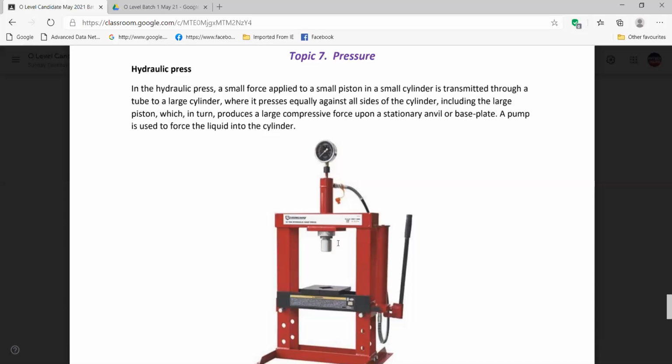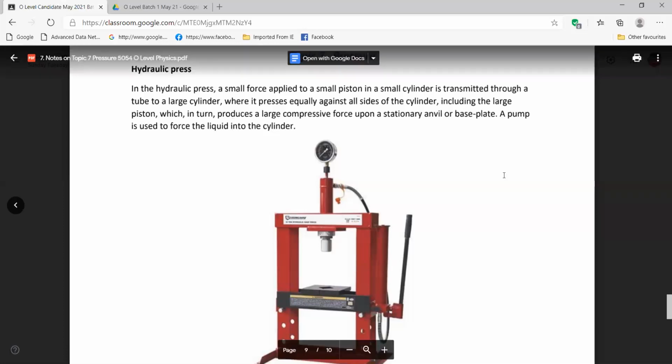This way this hydraulic press is working, and there are many kinds of hydraulic press. You know that papers, newspapers. If you are getting normal papers, lots of papers, and you want to transfer them from one place to another place, then you can apply this hydraulic press to compress them, making the volume smaller, so that you can carry it from one place to another place.